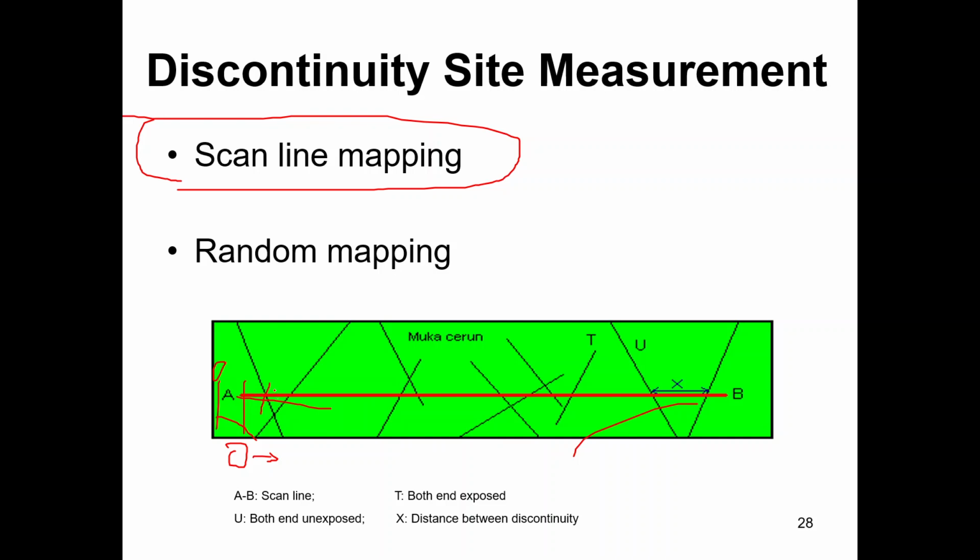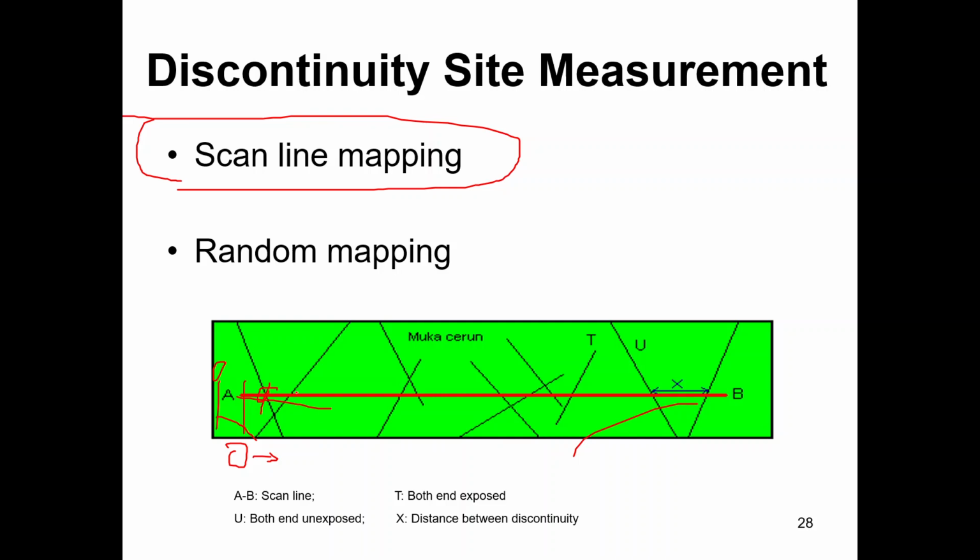And then you measure the dip direction and dip angle of this discontinuity, and then you have to measure the persistence of the discontinuity, how long it is persistent, the aperture of this discontinuity, the roughness of the discontinuity, and whether there is any water on the discontinuity.